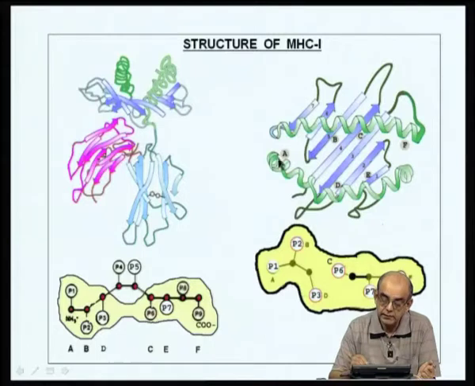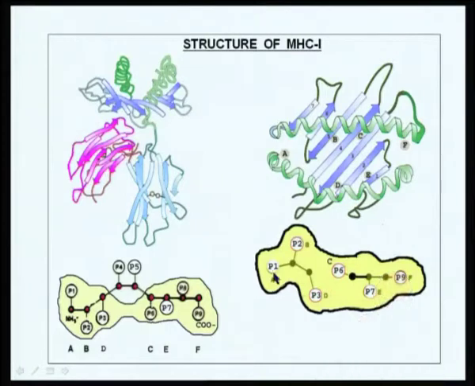These pockets actually bind the peptides sitting within this groove in the class 1 molecule. For example, the A pocket binds to the first peptide residue, the B pocket binds to the second residue, and the C pocket actually binds to the 6th residue. Note the difference: the C pocket is binding to the 6th residue, whereas the D1 binds to the P3 residue.